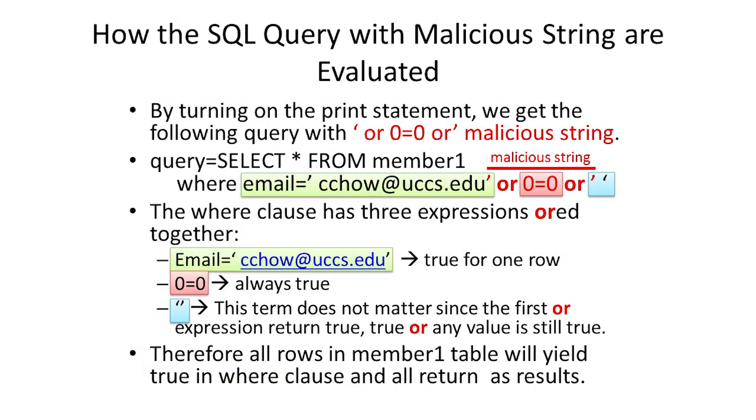Here we examine how an SQL query with a malicious string is evaluated. By turning on the print debugging statements in showme.php, we get the following query printout. It shows that we have the single quote or 0 equals 0 or single quote malicious string injected into the SQL query, as shown in the middle there.